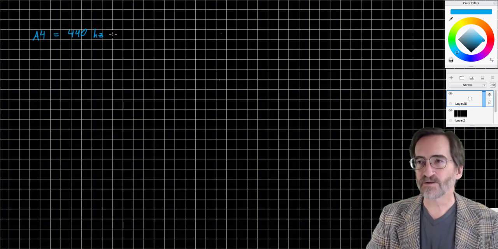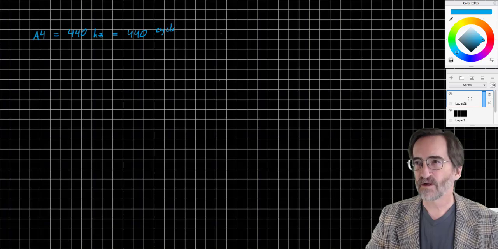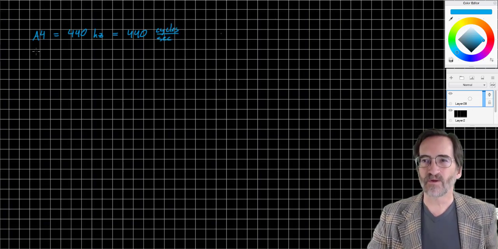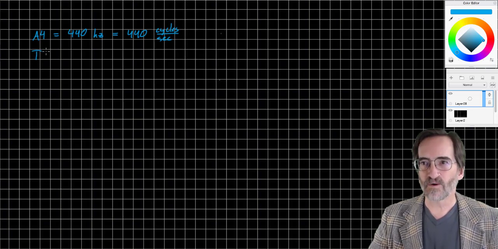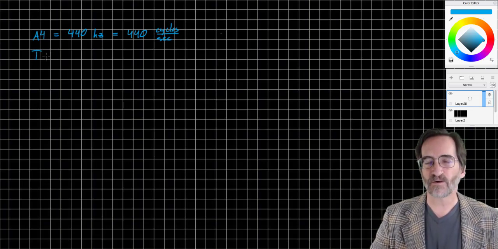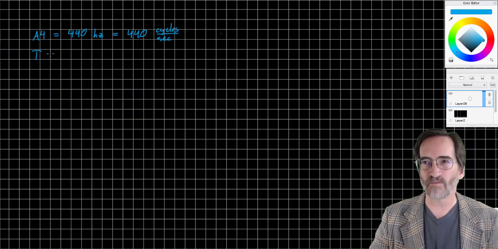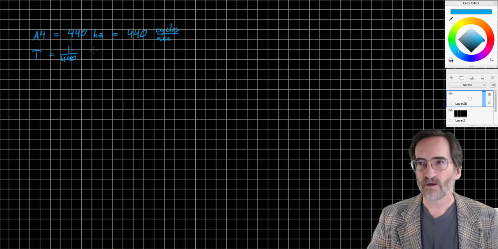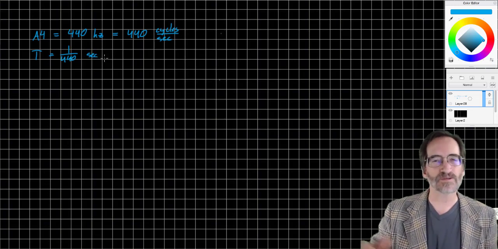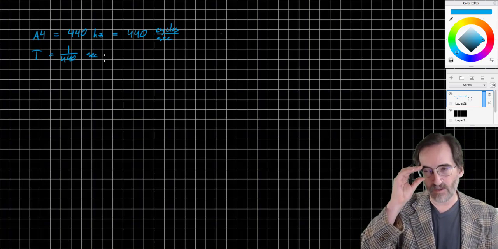A hertz is 1 cycle per second, so this is 440 cycles per second. If I take and invert that, we get something called the period, the time it takes for one pulse. So 1 over 440 seconds is the period it takes for one pulse of sound at 440 hertz.